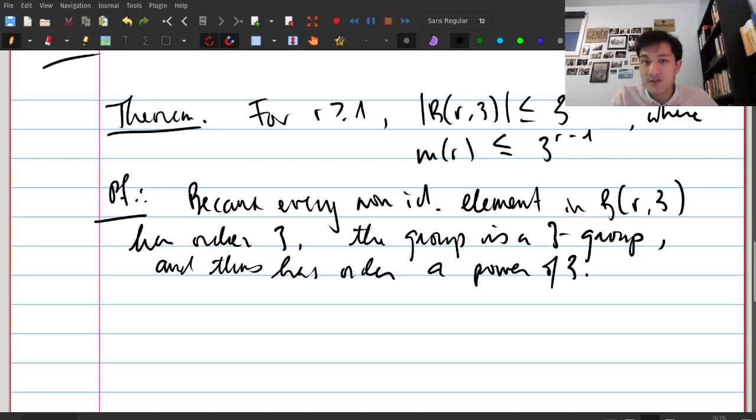So it's equal to 3 to the m_r for some m_r.